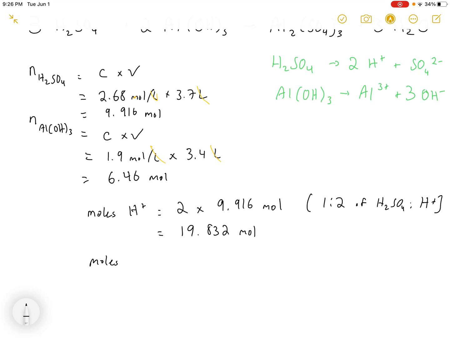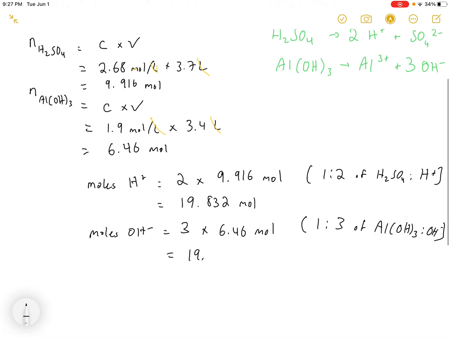And then for the moles of OH minus, same deal. It's going to be 3 times 6.46 moles, because there's a 1-to-3 ratio of the base to the hydroxide anion. So that's going to give us 19.38 moles.